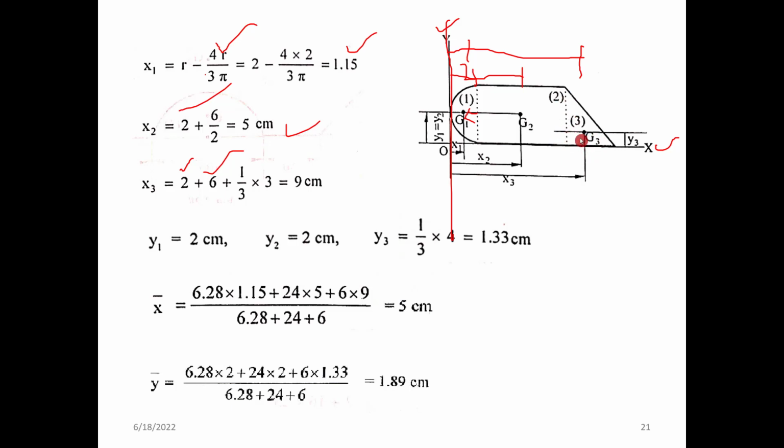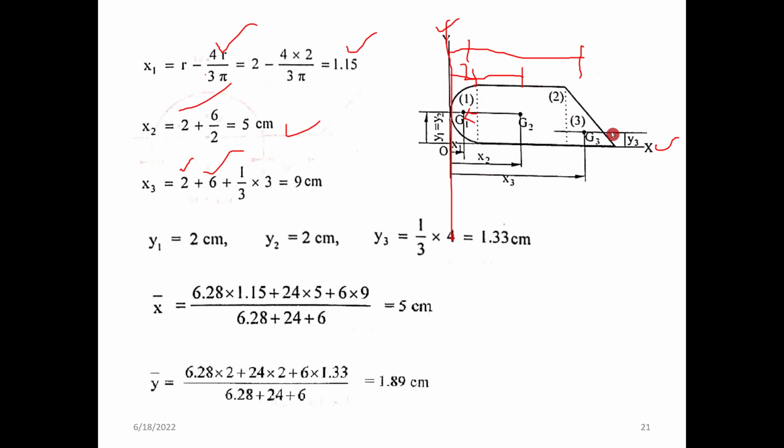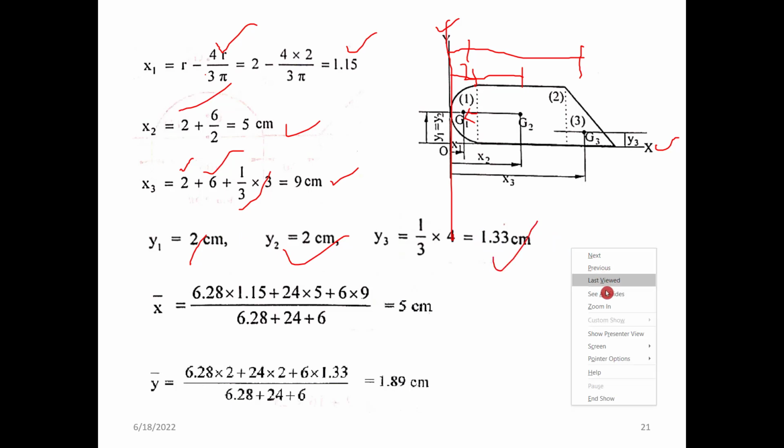So the total base width is 3 centimeter, and b by 3, one third of 3, gives the distance 9 centimeter. So we got the x1, x2 and x3. Similarly, we can find the y1, y2 and y3.